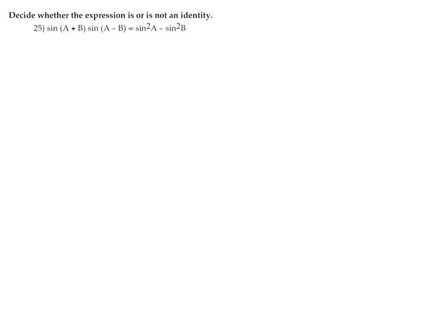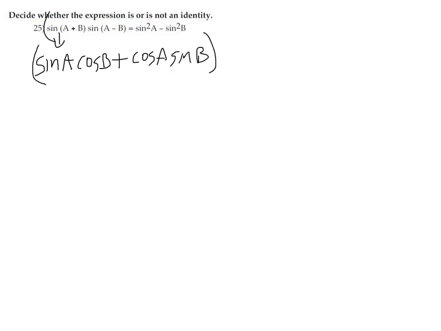Alright, decide whether the expression is an identity or not an identity. Well, on the left side, I definitely recognize this as an identity I do know, and this one also is an identity I do know. So I'm going to start right there. And what I get out of this is this first one, that would be sine A cosine B plus cosine A sine B. Now be careful, that is all that one.